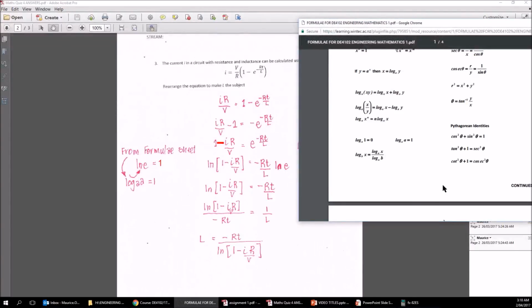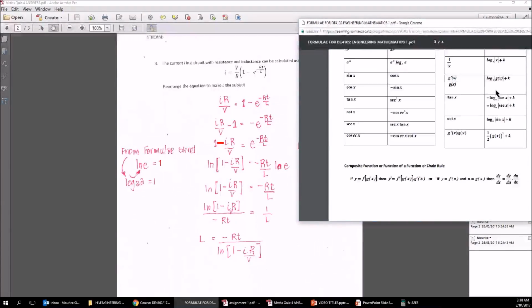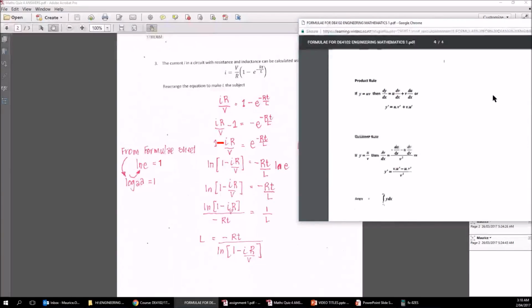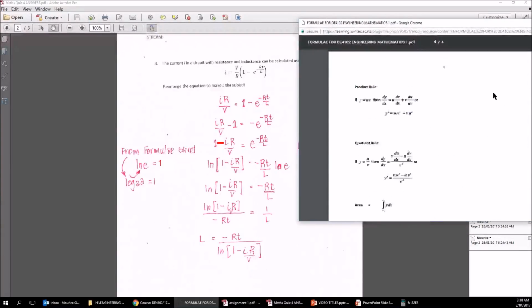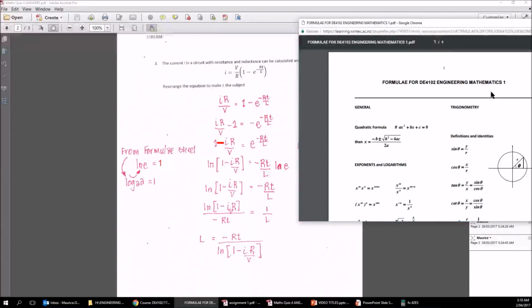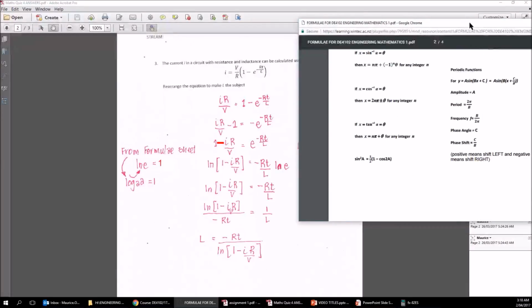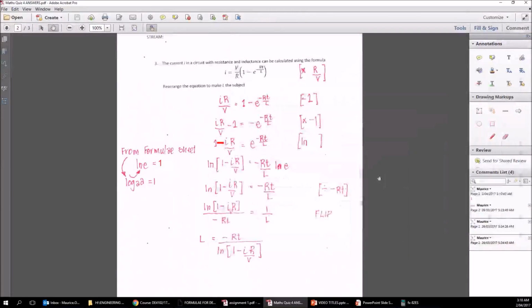And it's very important that you, there's 4 pages of formula sheets, so be very aware of what's on there, and have this alongside you at all times when you're doing exam questions, so that you become familiar with what's on it. I'm just going to drop that out of there now.